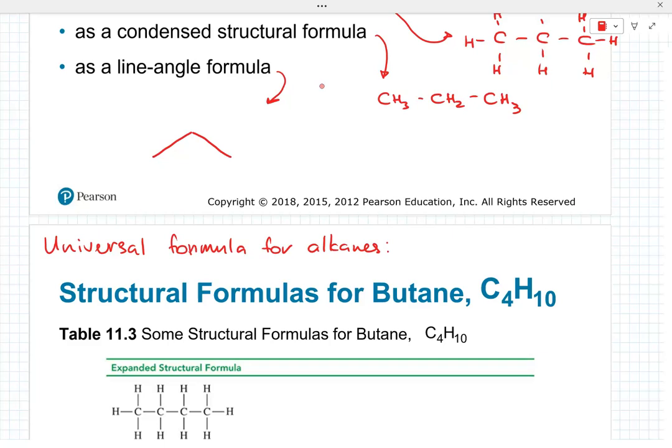I want you to find a pattern. I'm going to write down the formulas for alkanes, consecutively increasing the number of carbons. Check this out. Try to find a pattern, a relationship between the number of carbons and the number of hydrogens.